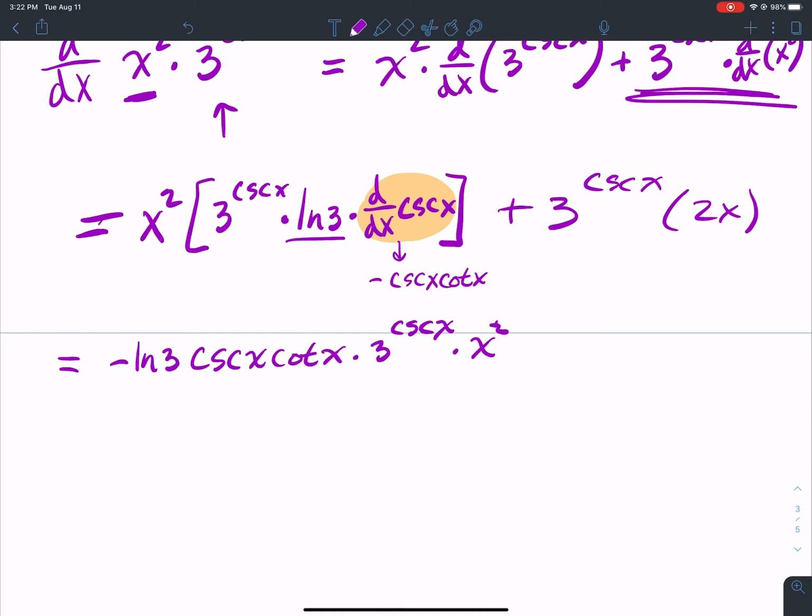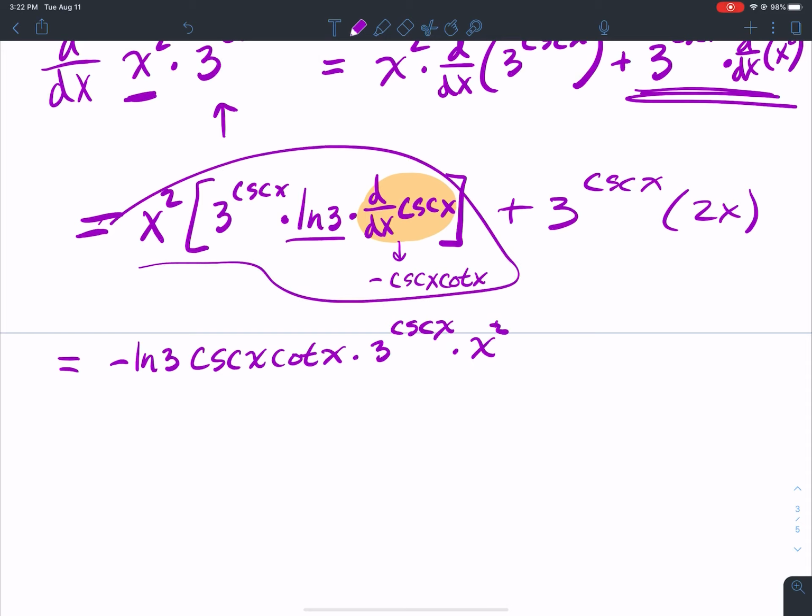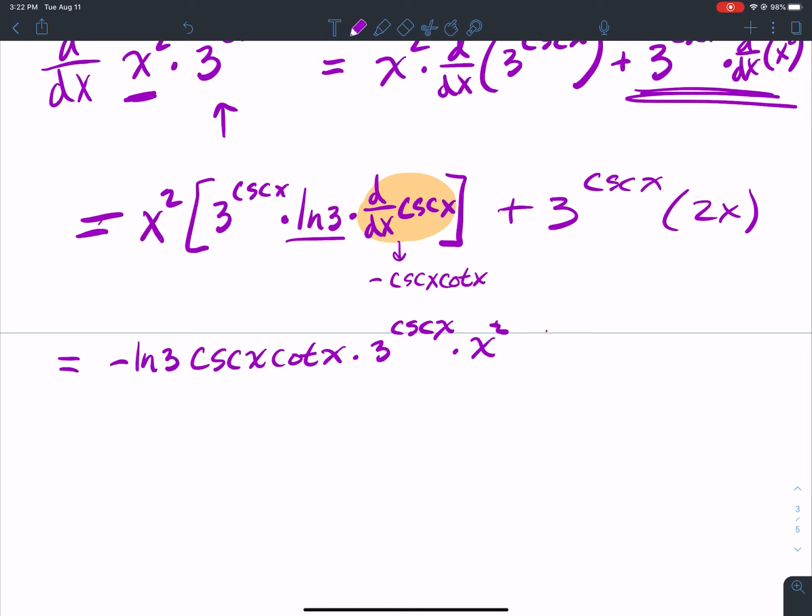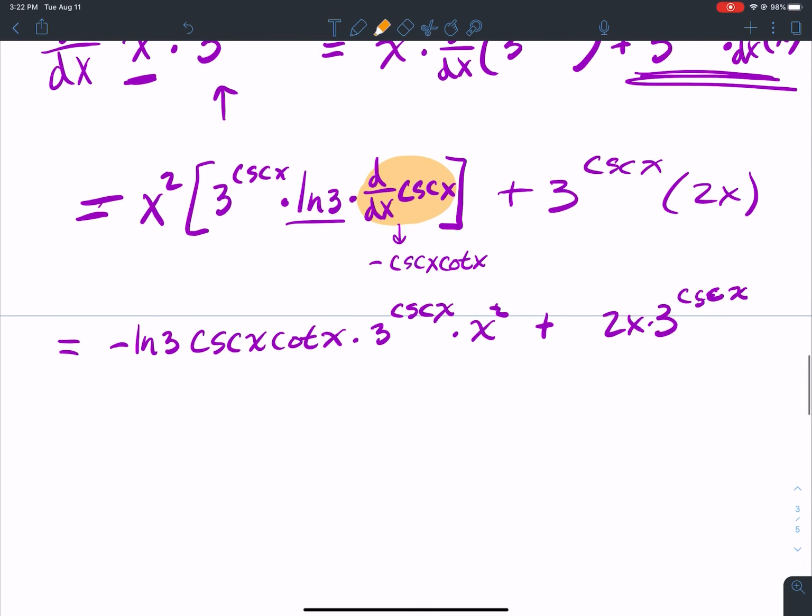A lot of stuff going on there, right? All that stuff, plus 2x times 3 to the cosecant x. Okay, now if I wanted to, I could factor this out. I could also factor, looks like I could factor one of the x's out too.